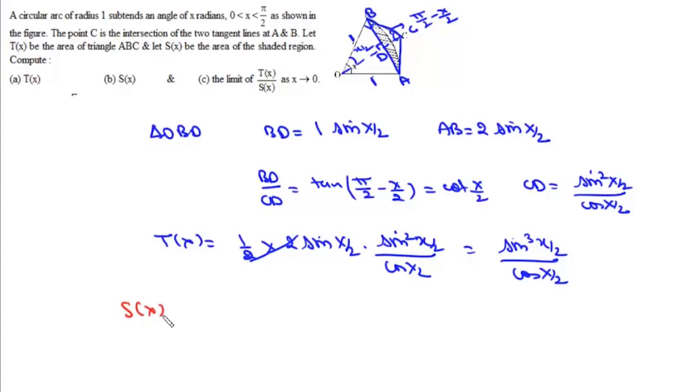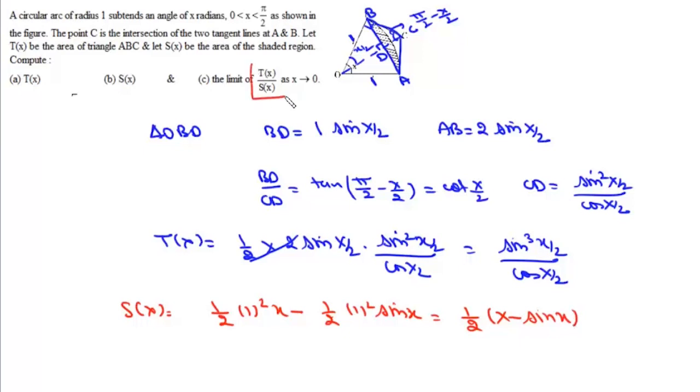Now we'll find Sx, which is the area of this shaded region. Now area of this sector, which is 1 by 2 r square theta, minus area of this triangle, which is 1 by 2 into 1 square sin x. So it will be 1 by 2 (x minus sin x). Now we need to find this limit Tx upon Sx as x tends to 0.